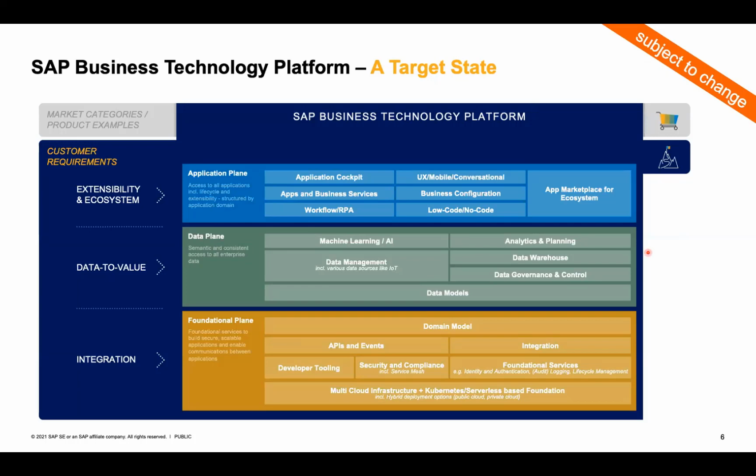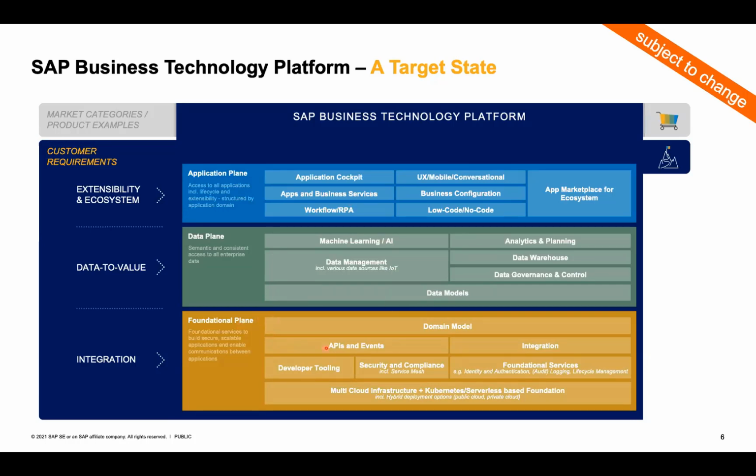There's ongoing improvement and ongoing development, but the actual idea or target is to have, not like in the slide before, these pillars next to each other, but actually a model with different planes building on top of each other. So that's the actual goal. So everything that is built at SAP should be built in the business technology platform, and it will use technologies of every plane that you see here.